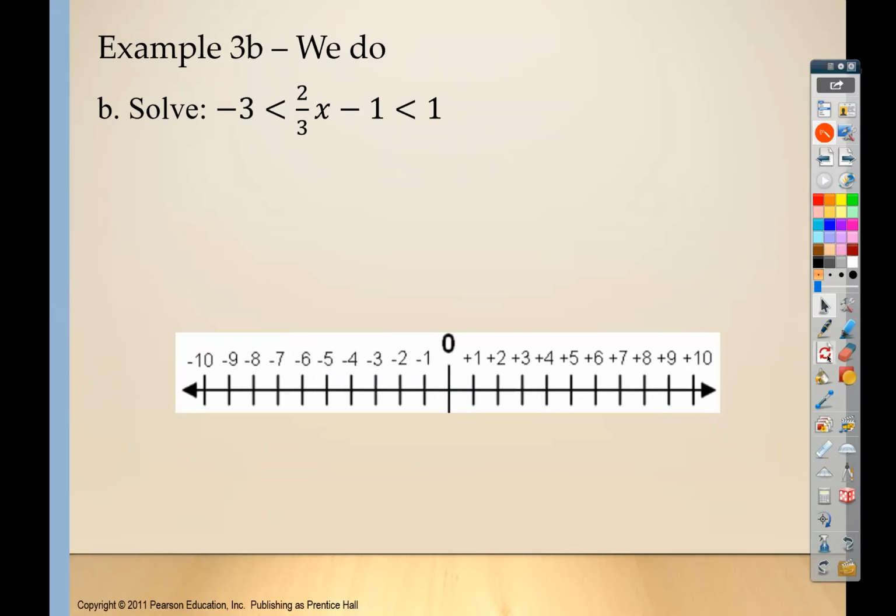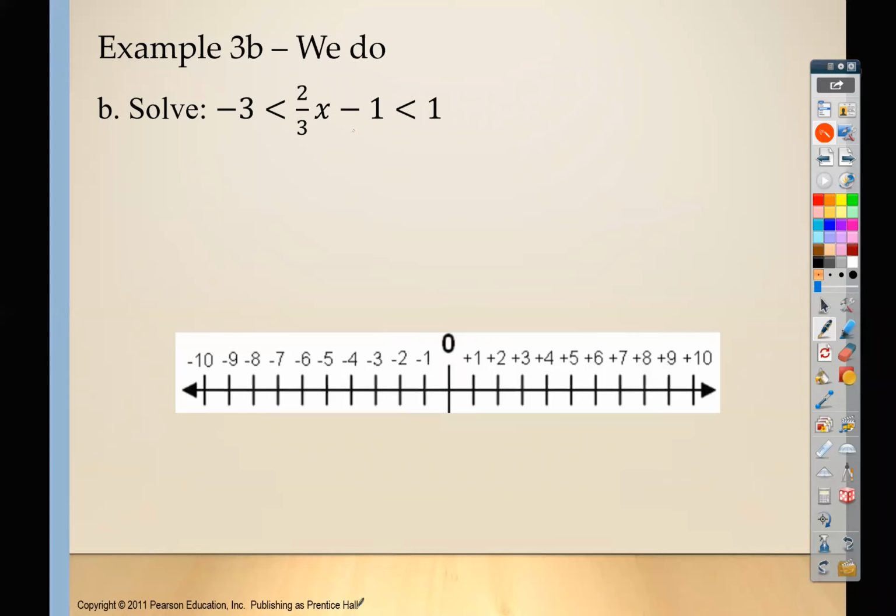Okay, 3B, we're going to do this one together. So let's clear out the middle. So first we would add the 1 to all sides. So I get negative 2 is less than 2/3 x is less than 2. And now I can multiply everything by 3/2 to get rid of that 2/3 in the middle.